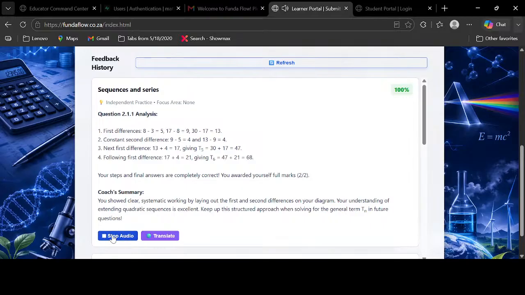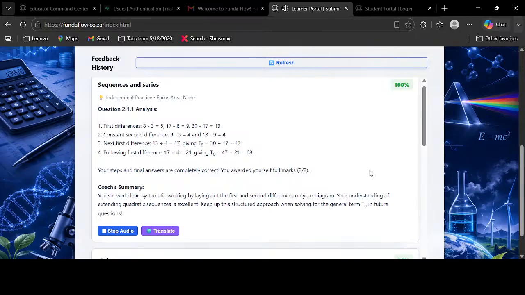Question 2.1.1. Analysis 1: First differences, 8 to 3 equals 5, 17 to 8 equals 9, 30 to 17 equals 13. 2: Constant second difference, 9 to 5 equals 4 and 13 to 9 equals 4. 3: Next first difference, 13 plus 4 equals 17, giving T5 equals 30 plus 17 equals 47. 4: Following first difference, 17 plus 4 equals 21, giving T6 equals 47 plus 21 equals 68.